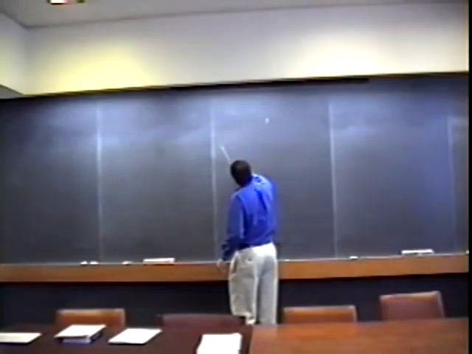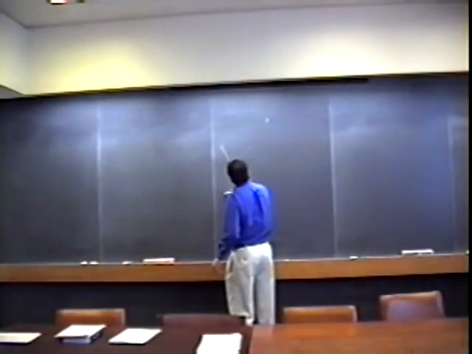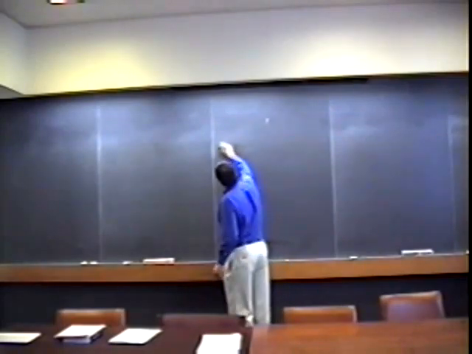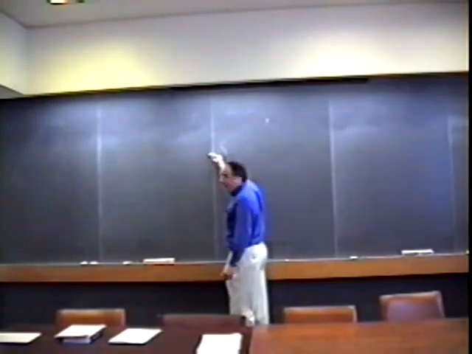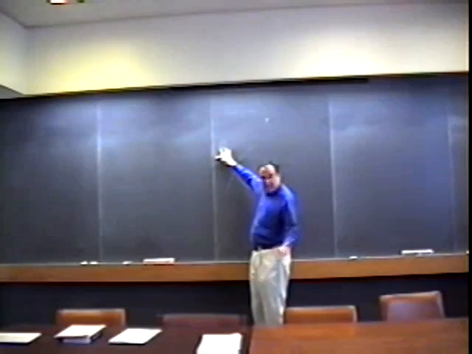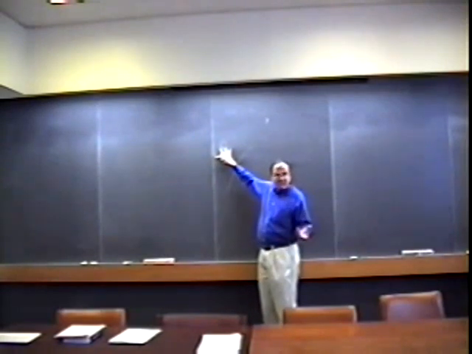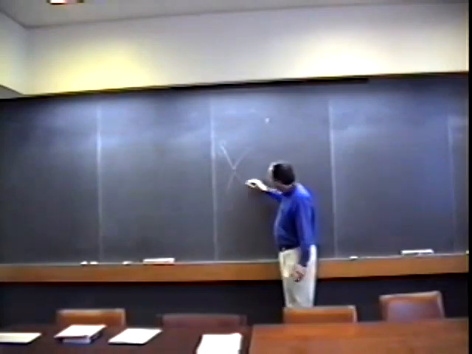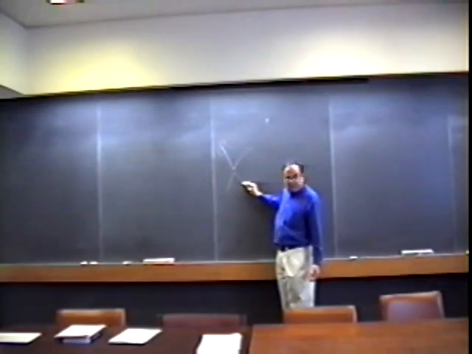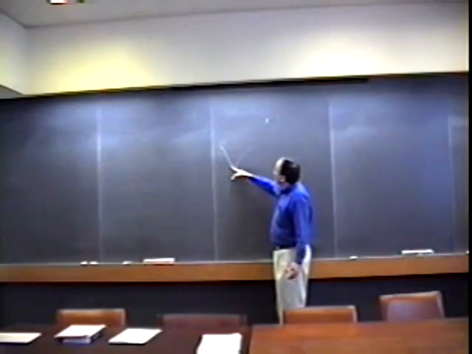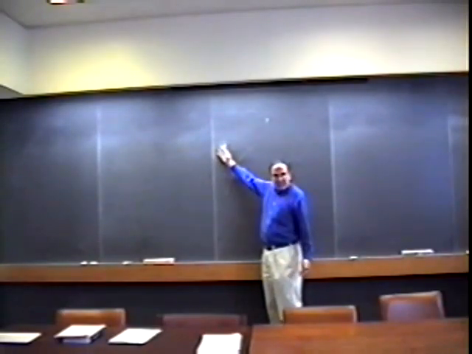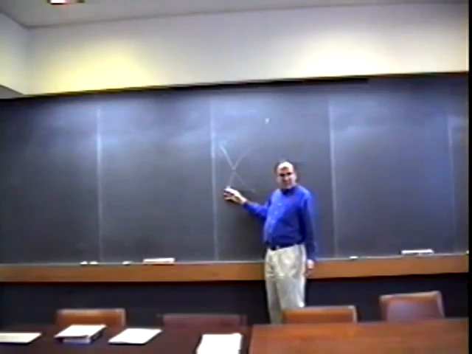When you have a weakly avoided crossing, you get this kind of behavior, and so up in here, this would be an electronic state. It has an electronic configuration which is the same as or similar to the electronic configuration down here. And so what happens is you have a mixture, say configuration number 1, configuration number 2.